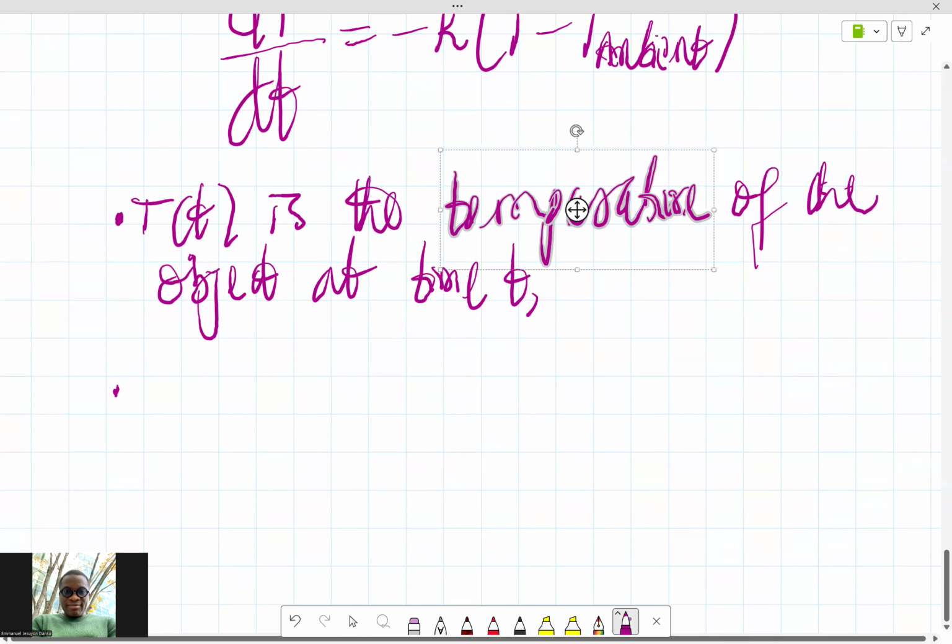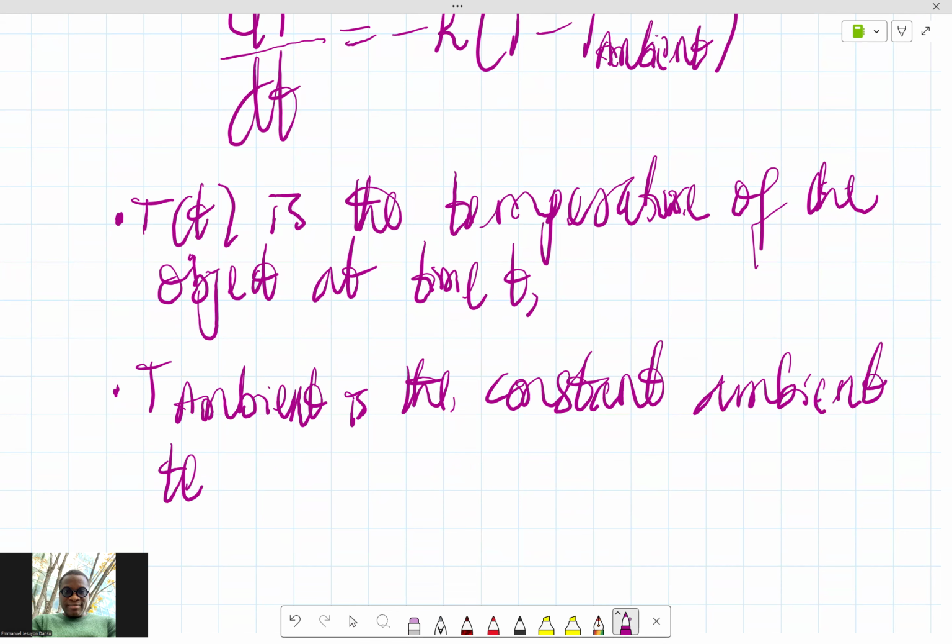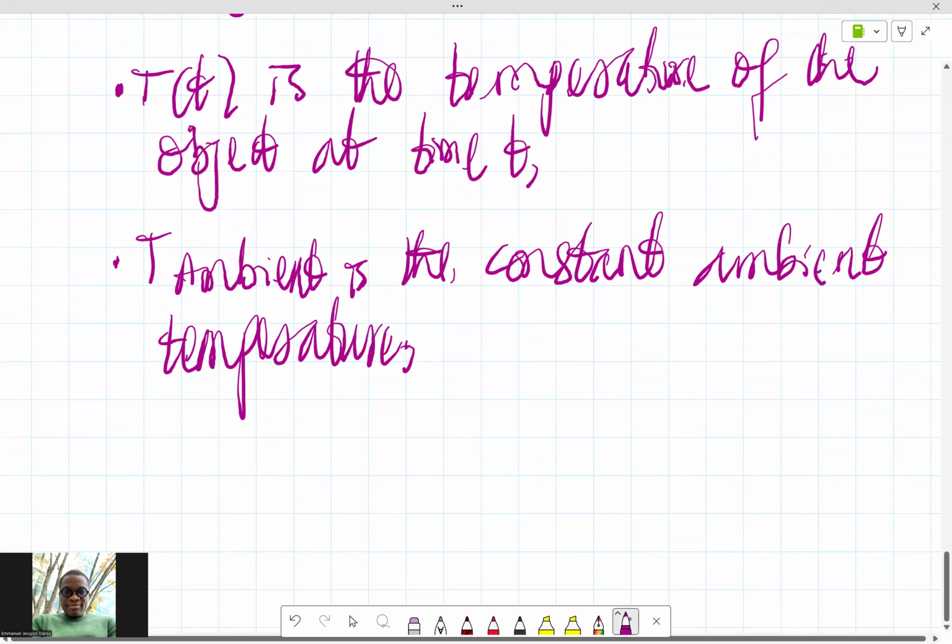T ambient, like I said already, is the constant ambient temperature. And of course, K is a constant.